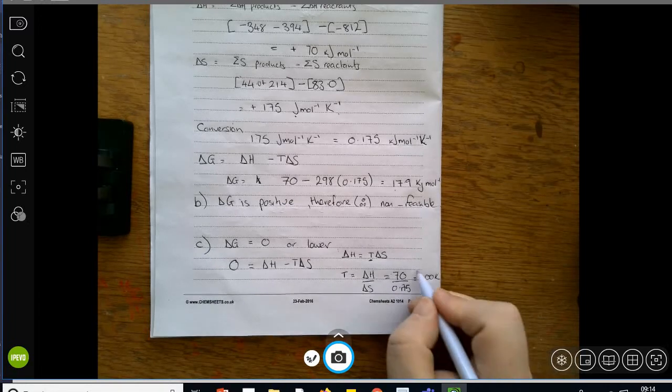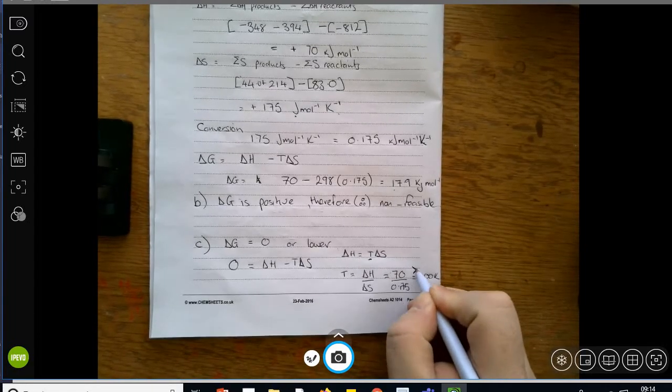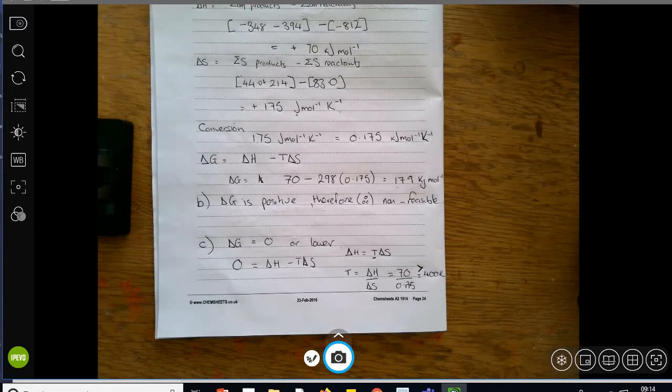So any temperature that is greater than or equal to 400 Kelvin would mean that that reaction would automatically decompose. Because in order to do that, it needs to have delta G being 0 or lower. So the moment it hits 0 or lower, it will start to decompose.